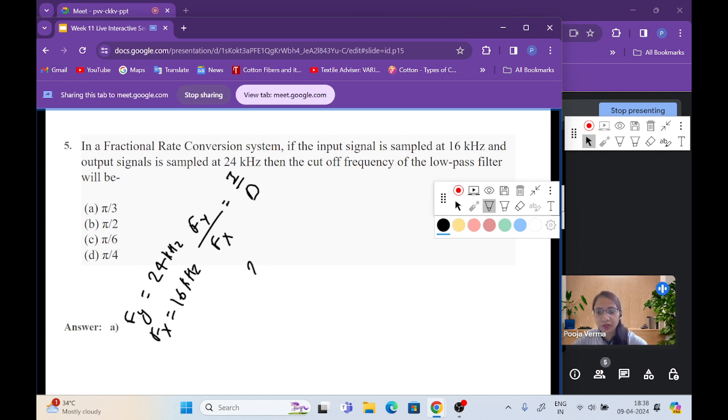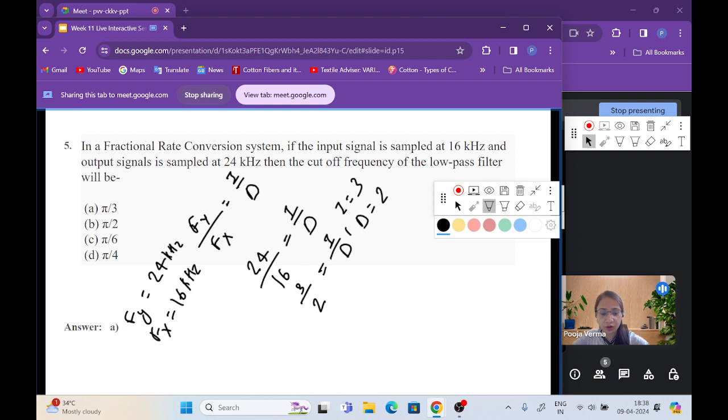So Fy by Fx is 24 divided by 16, which is equal to I by D. So how much will we get? We got 3 by 2, right? That is equal to I by D, where I is equal to 3 and D is equal to 2.